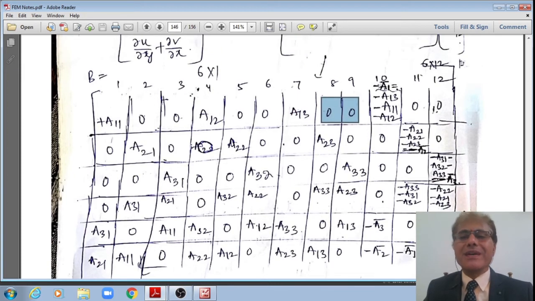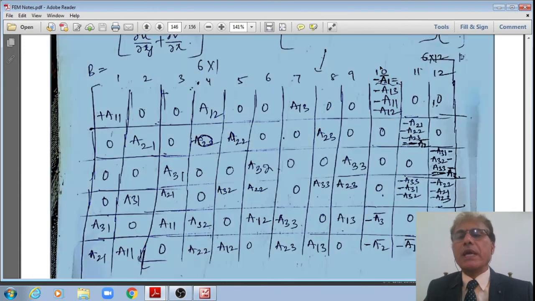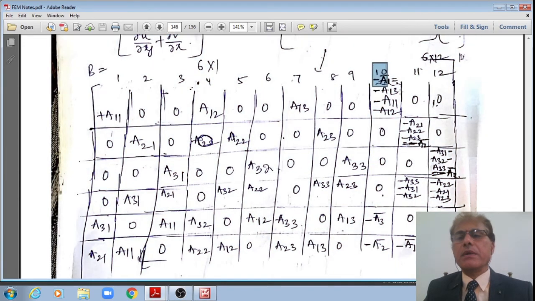However, the 10th coefficient of this first row is the summation of minus a11 minus a12 minus a13. Therefore, now I can say that this is notated as a1 bar, the summation of that first row of that A matrix, the Jacobian inverse matrix, and so minus a1 bar multiplied by q10, right? Then 0 multiplied by q11, 0 multiplied by q12.